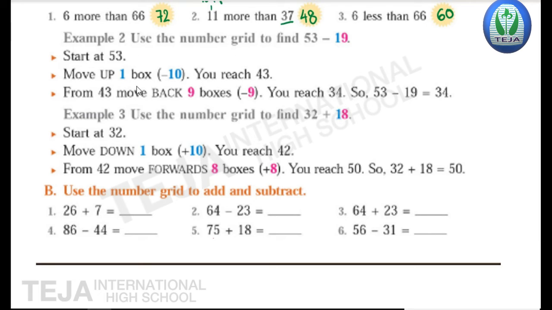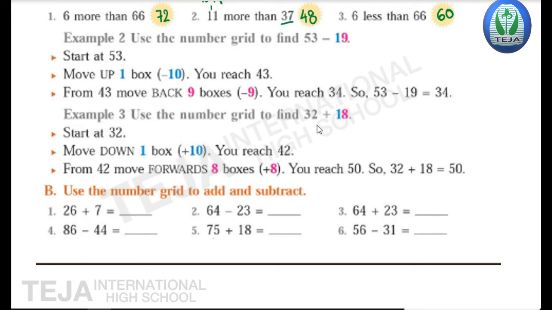So move up one box, if you move up, that is minus 10, then you will reach 49. From 49 you have to move 9 boxes, that is subtracting 9, you will reach 34. So 53 minus 19 is how much? 34.